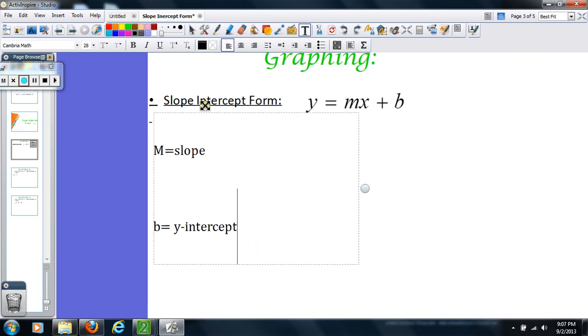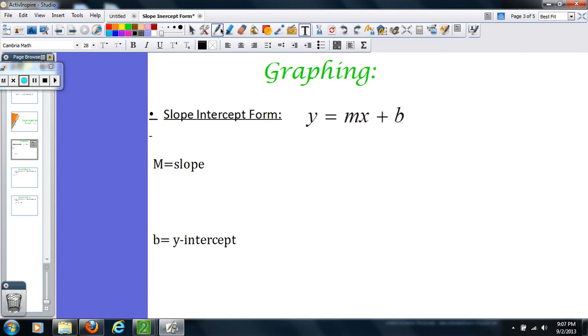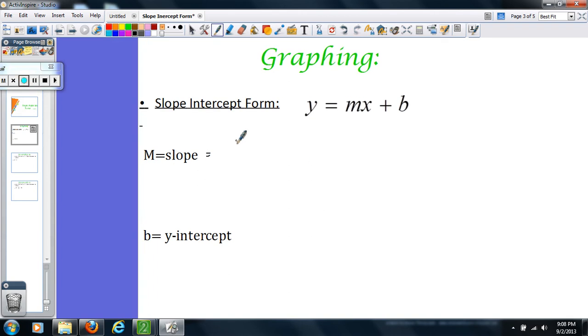Okay, and so on these, you also have for the slope that the slope is y over x, and that also equals rise over run. And the rise is the y and the run is the x.